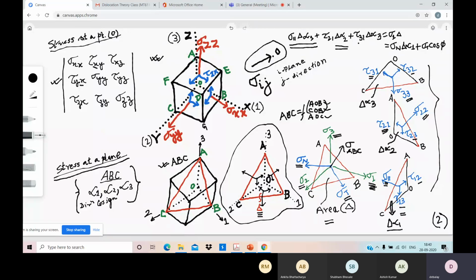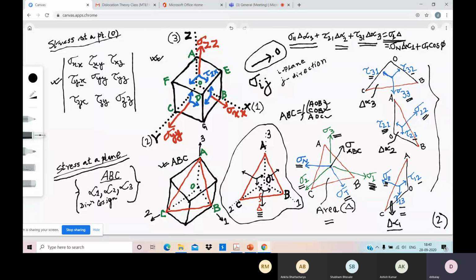So the net force contributed by the shear stress tau 31 is tau 31 delta alpha 3. These three will be counterbalanced by the net stress acting on the ABC plane along direction 1, which is sigma 1 delta. Sigma 1 delta is the net stress acting on the ABC plane along direction 1.